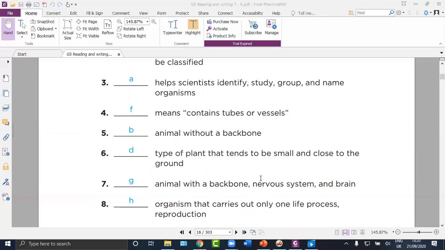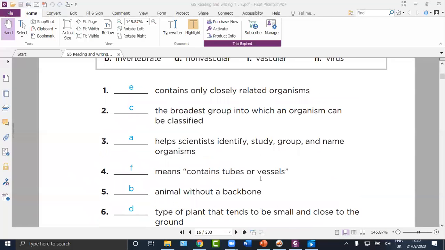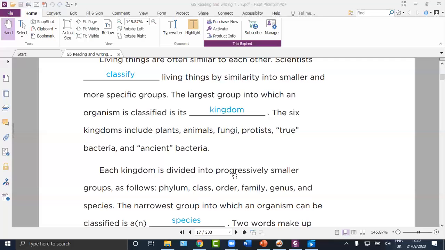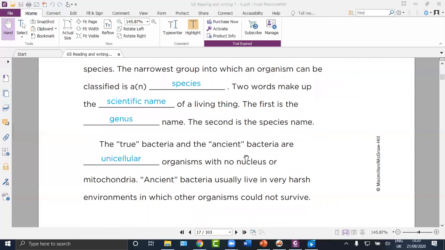One and 2. Okay. Have you finished? Yes. Page number 10. The first blank: classify. The second: kingdom. The third: species.